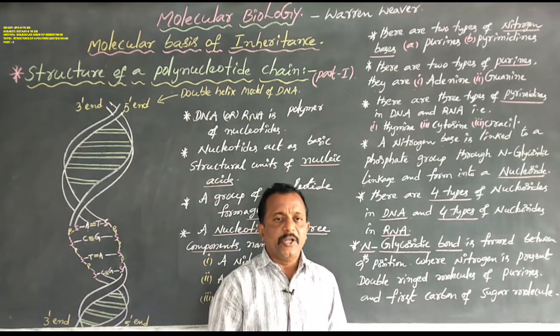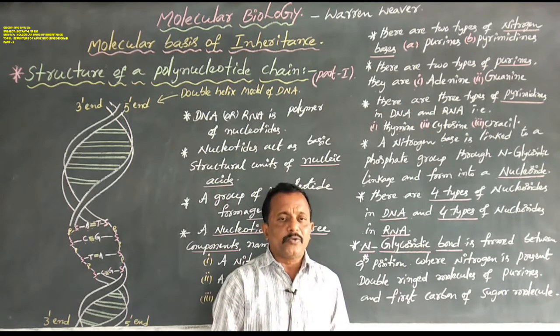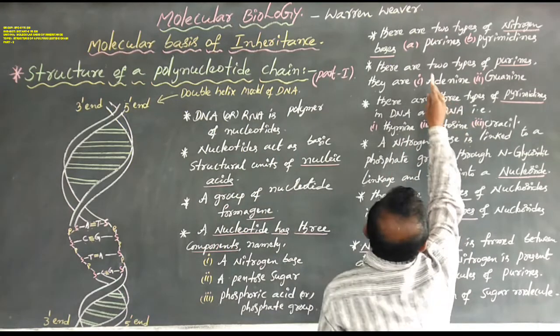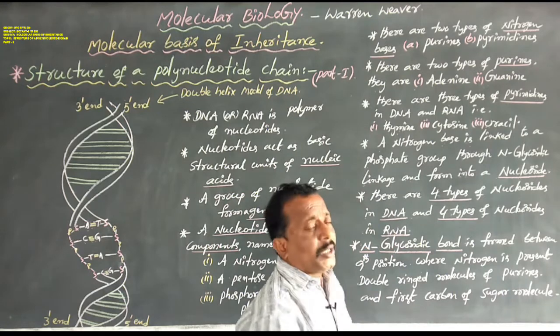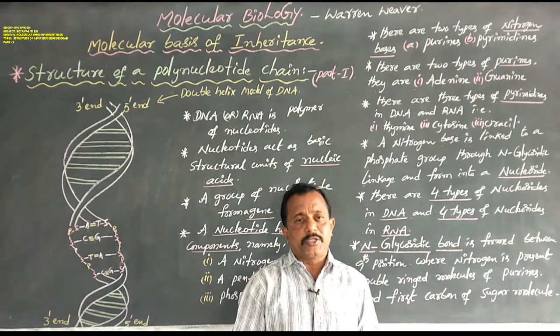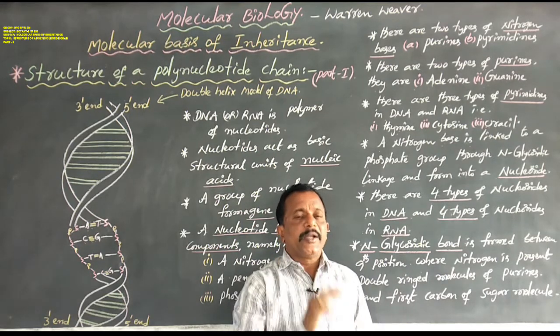Dear students, in general purines and pyrimidines are both heterocyclic compounds, but purines, that is adenine and guanine, are heterocyclic and double ringed molecules with carbon nitrogen rings.